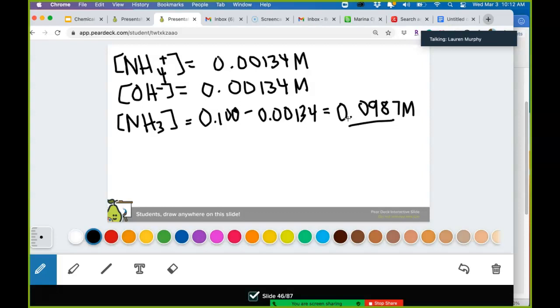Okay, but again, this is still pretty darn close to 0.1. 0.0987 is pretty close to 0.1. Meaning the ammonia didn't change by much, meaning it didn't ionize very well. Very little of it is in ion form, and the majority of it is in intact form. And this is true of weak acids and weak bases. They don't ionize readily. That's why they are weak conductors of electricity.